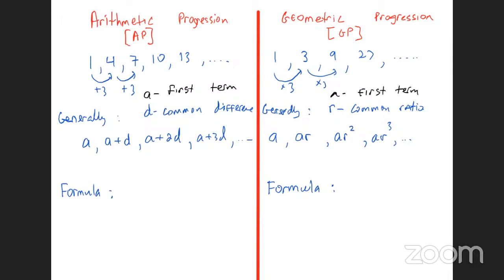I'm looking for a little formula that can help me find any term. So this is your first term, this is your second term, this is your third, and this is your fourth. Right, I'm looking for a little formula to help me out here.